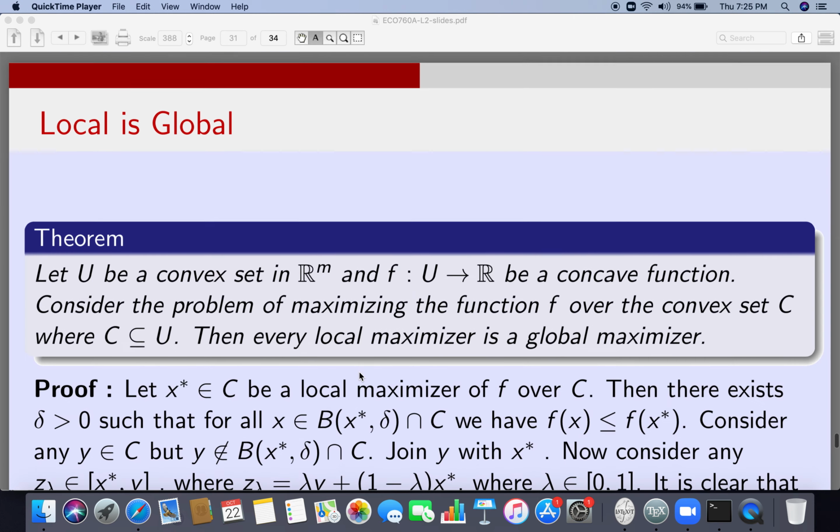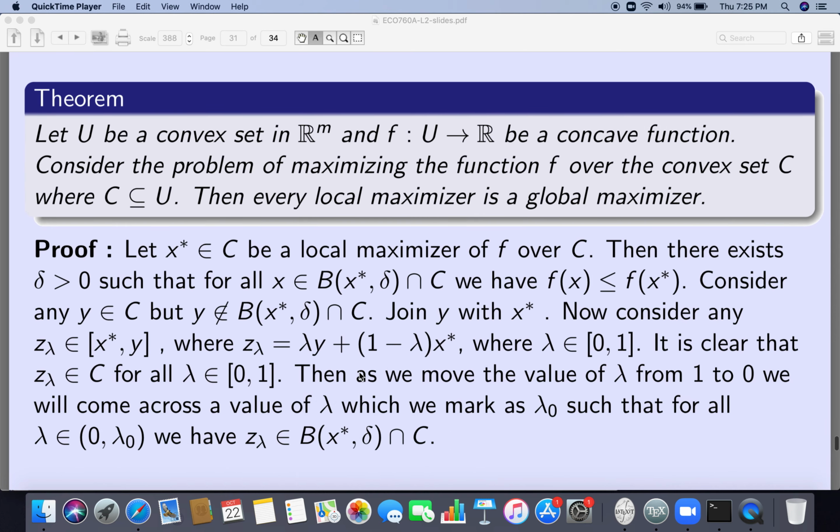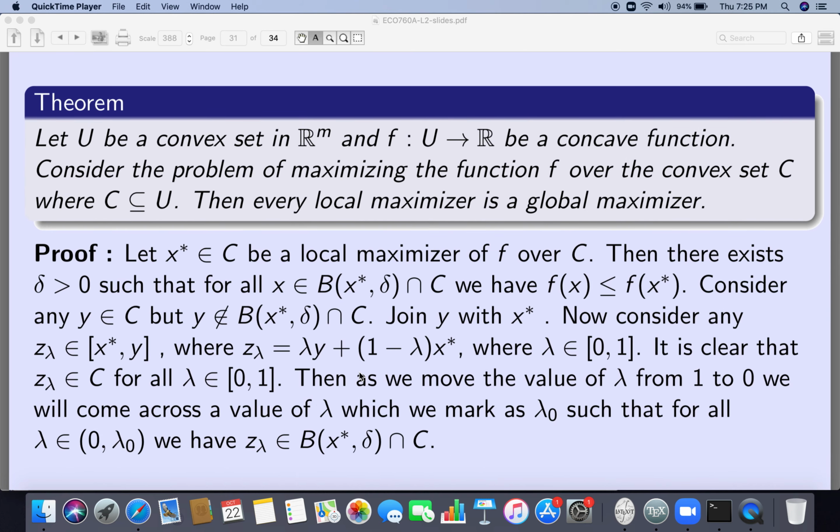So let us consider a convex set U and a concave function f from U to R, and we consider the problem of maximizing the function f over a convex set C which lies inside the convex set U, a subset.